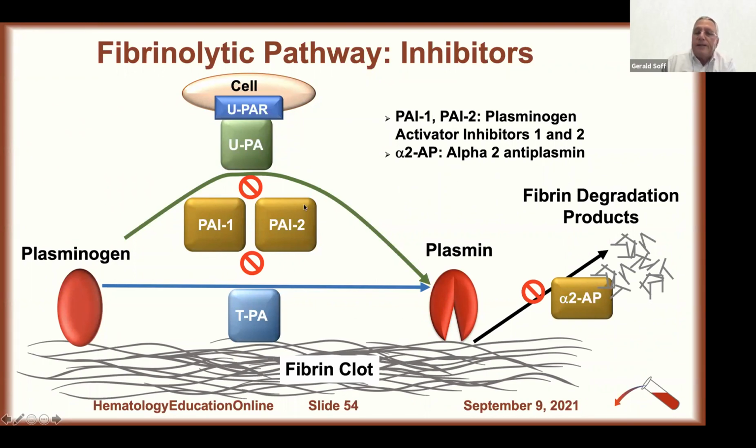And there are deficiencies, rare, but there are deficiencies of pretty much all of these components. There are deficiencies of plasminogen. There are deficiencies of PAI-1 and PAI-2 and alpha-2 antiplasmin. And as you can imagine, an alpha-2 antiplasmin deficiency would result in excessive plasmin activity and bleeding, and deficiencies here would result in excessive plasmin formation as well, leading to a hemorrhagic state.